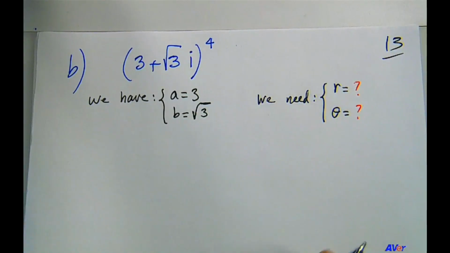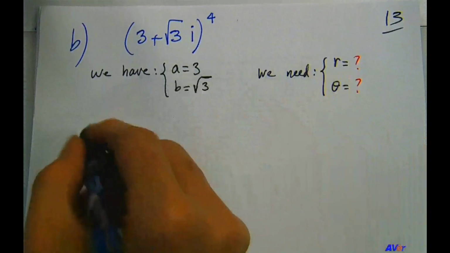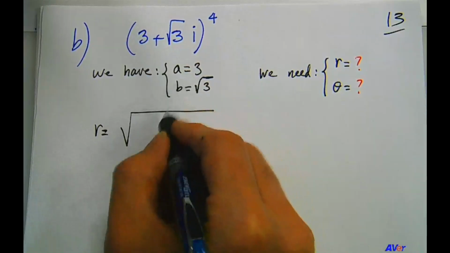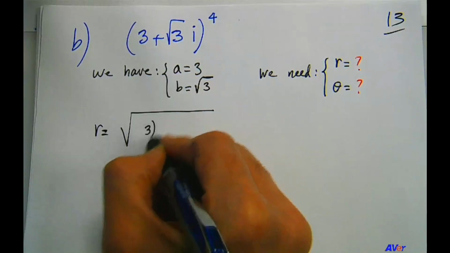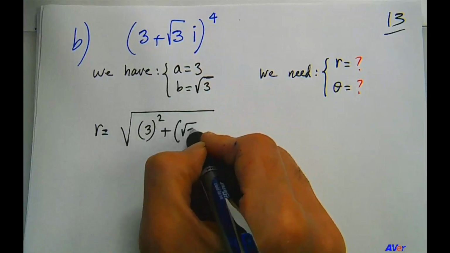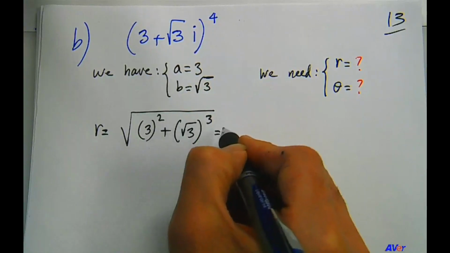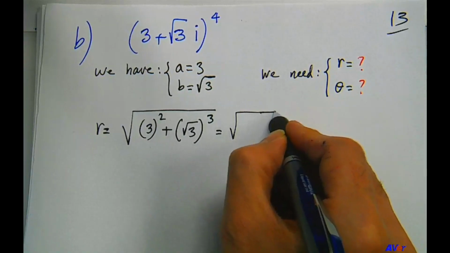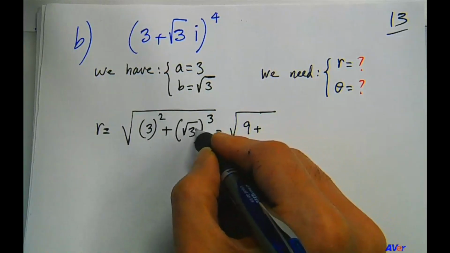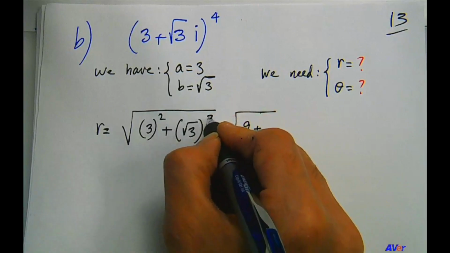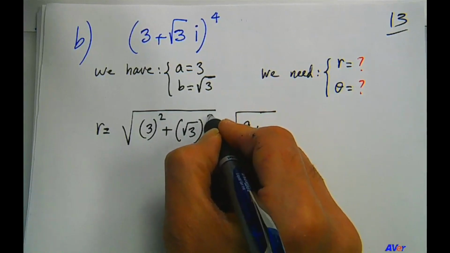We can find r easily by taking the modulus, which is the square root of 3 squared plus square root of 3 squared. What do we have? We have square root of 9 plus, that would be 3, no, this is 2, not 3.